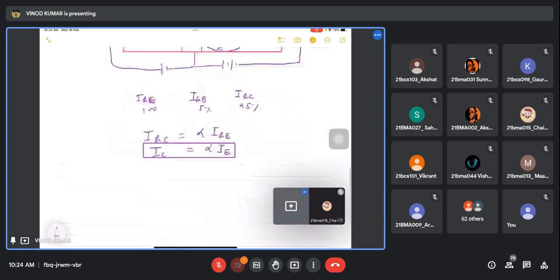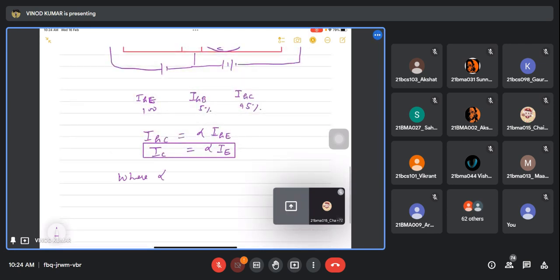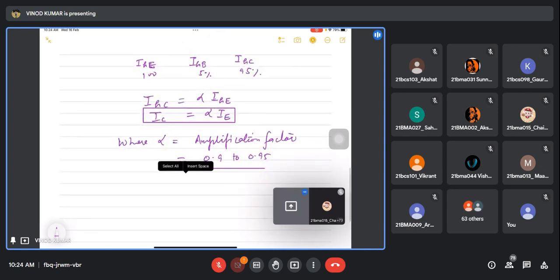The value of this alpha is the amplification factor, its value ranges from 0.9 to 0.95 to 0.97 like this. That is approximately equal to 1. Okay, so IC is 95% of IE.